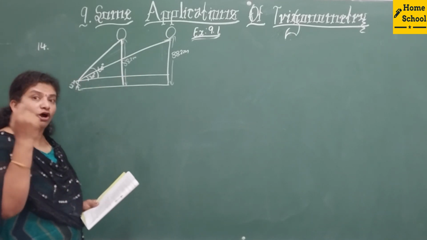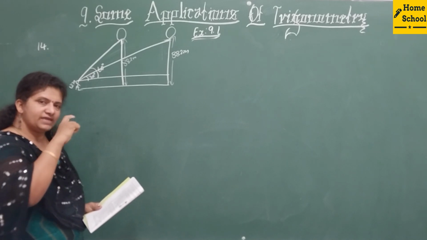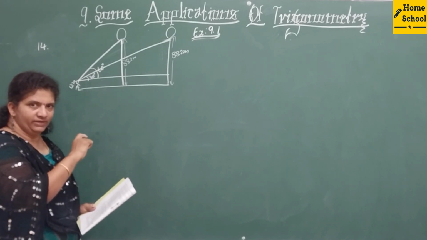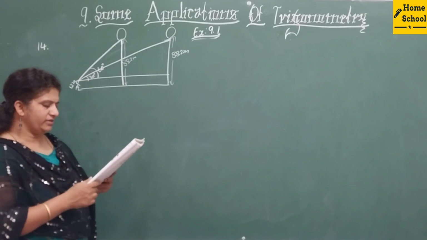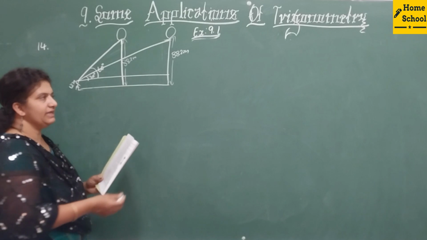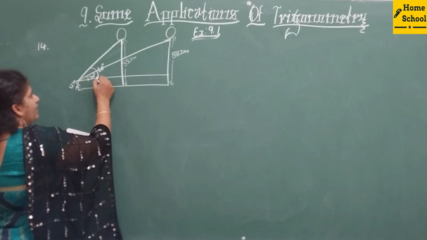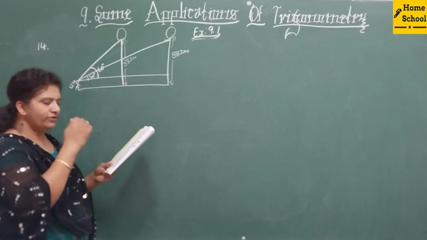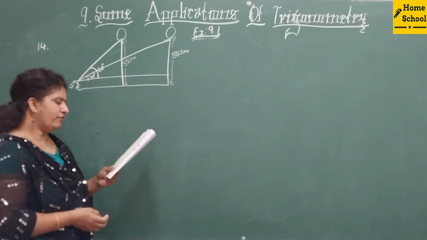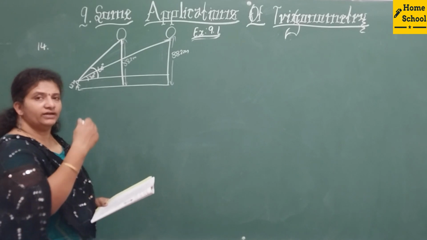Same as the tall boy problem we have done, right? Similar type of problem this one. From the girl's eye, the angle of elevation is 60 degree. After some time, the angle of elevation reduces to 30 degree.